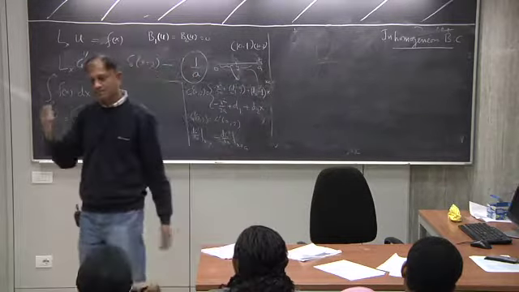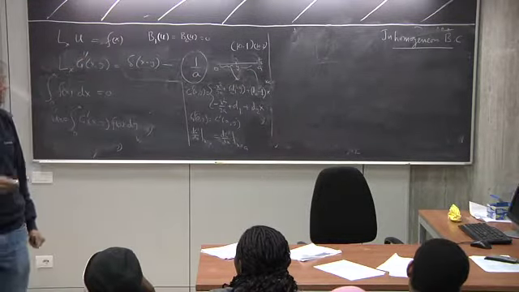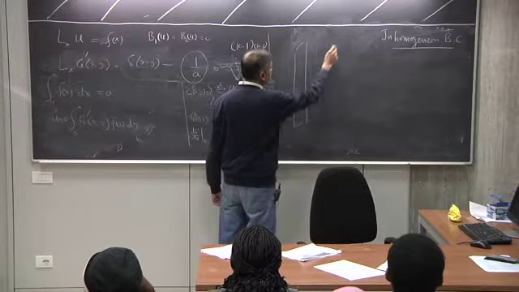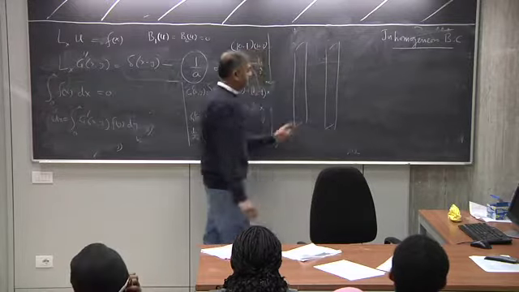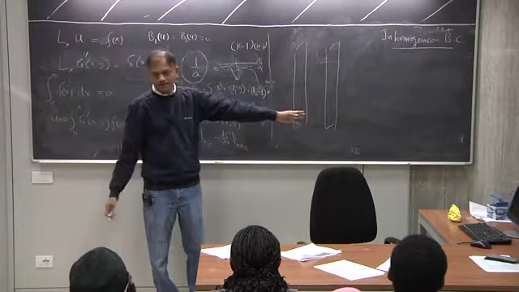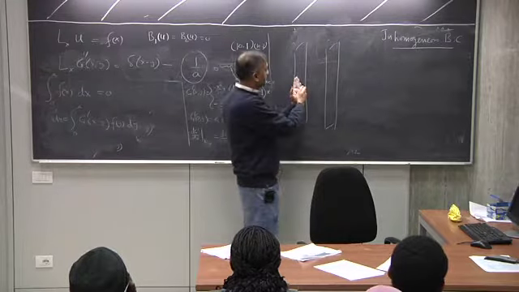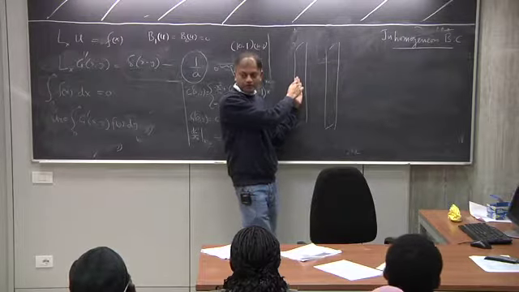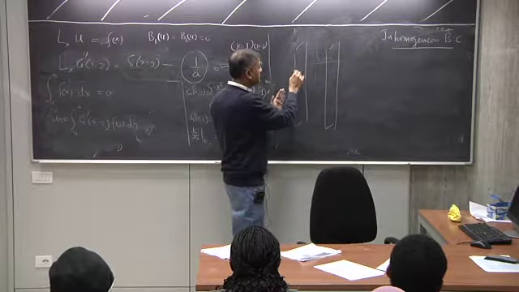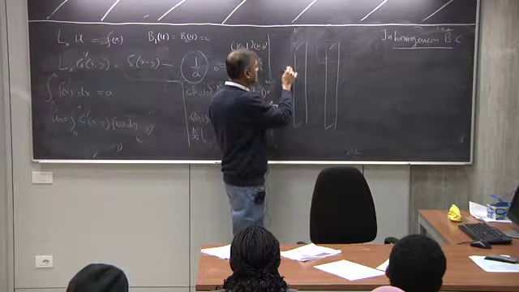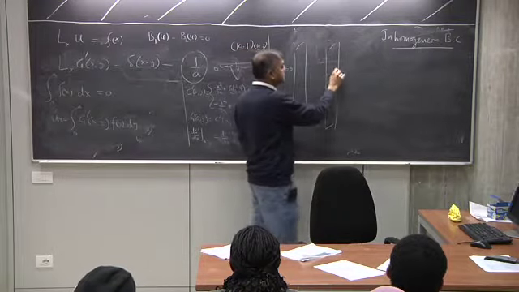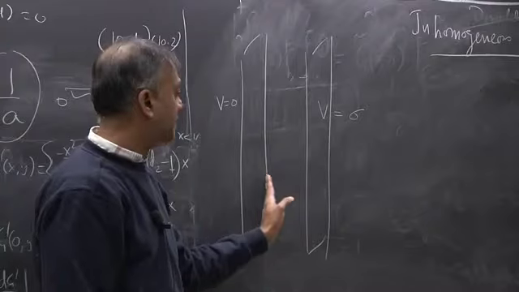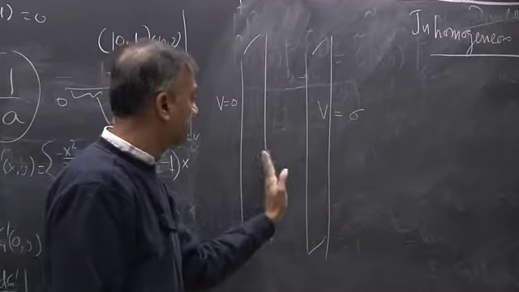For example, say there are two infinite conducting metal plates, and you may have a situation where there is some electrostatic potential difference. So maybe here the potential V is equal to 0, and here V is equal to some sigma, and then you want to solve for the potential in between.